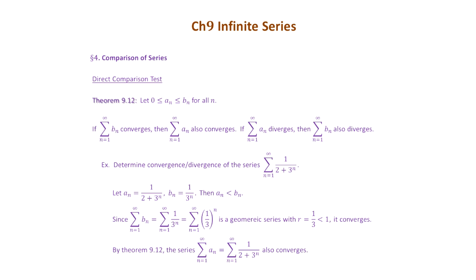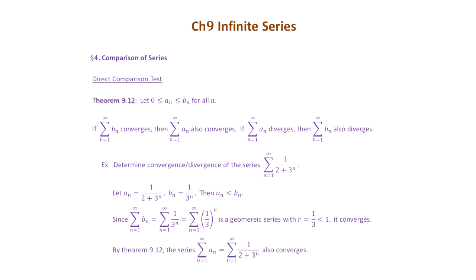Then obviously an is less than bn. Why? Because you got a larger number in the denominator in an. Okay, so an is less than bn. And we know bn is just a geometric series. If you write it as 1 over 3 to the n, you can rewrite it as 1 over 3, the whole thing to the n.